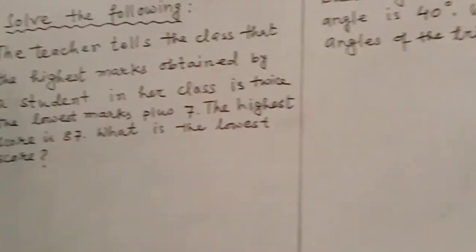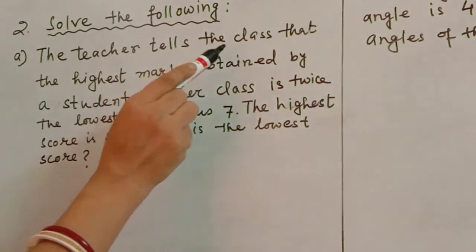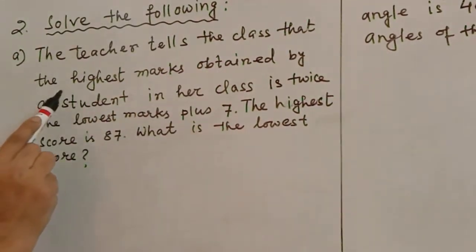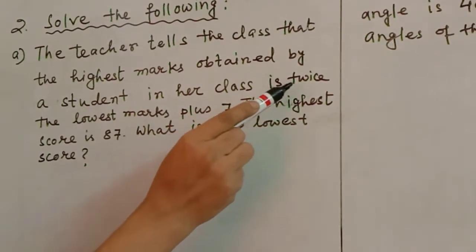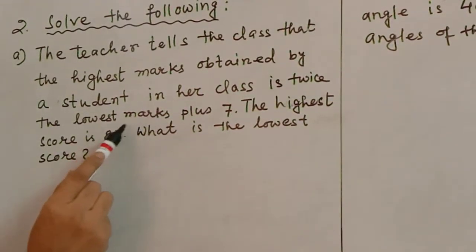Question number A. The teacher tells the class that the highest marks obtained by a student in her class is twice the lowest marks plus 7.